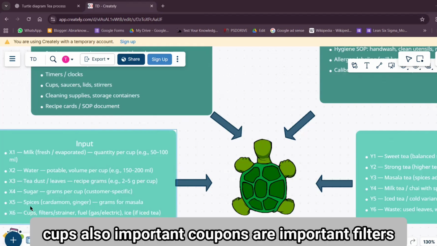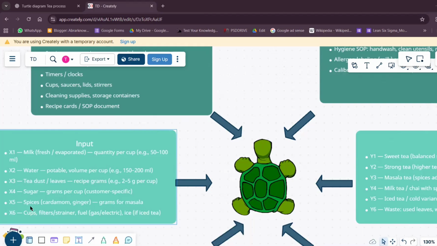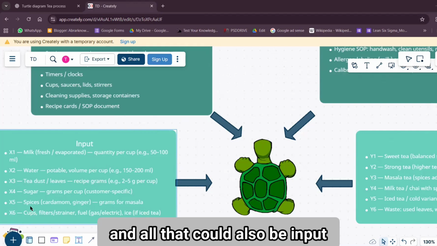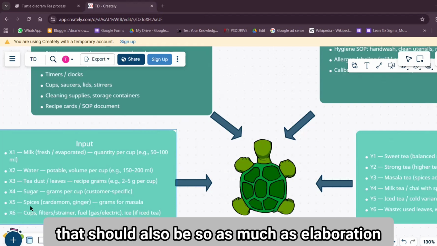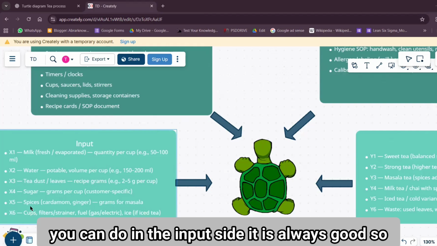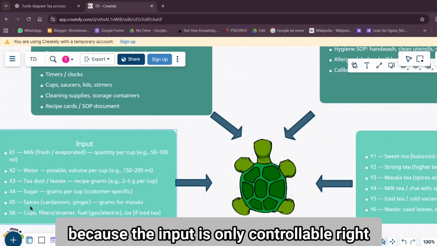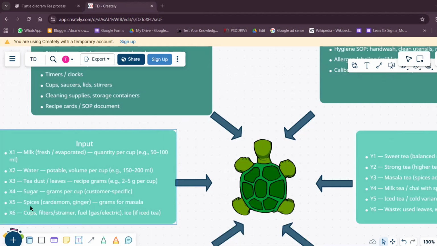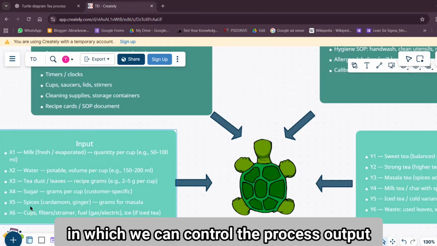Cups are also important, cup and saucer. Filters and strainer, foil and ice could all be inputs if it is iced tea. As much elaboration as you can do on the input side is always good, because the input is what is controllable, right? We can find which factor we can control in the process.